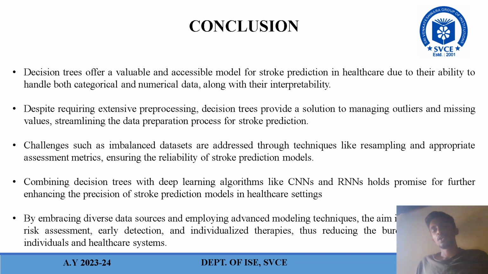I hope you got an idea about what this brain stroke is. What I have discussed till now is brain stroke. It is caused when there is a disruption of blood flow to the brain. When there is no proper blood flow to the brain, it results in the death of brain cells. It's simple for the human body: when there is no proper water and food, humans will die.